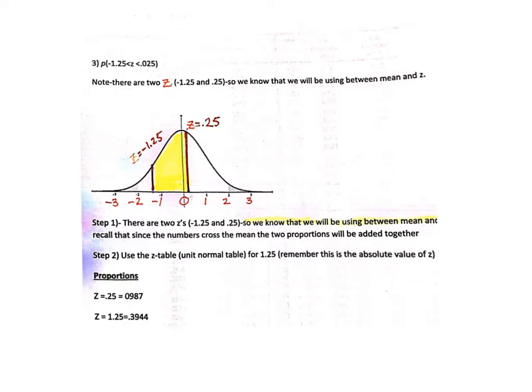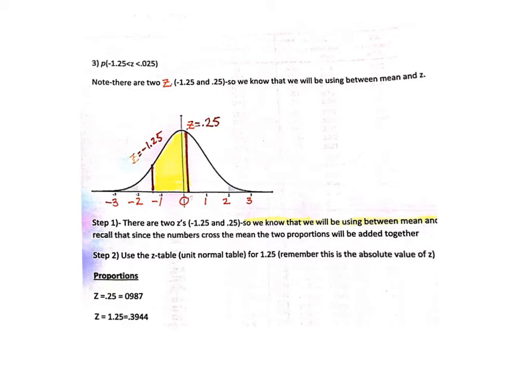All right, so we have those two proportions. You see that the proportion for a z of 0.25, which is 0.0987, is the proportion that goes from 0 to 0.25 in the positive direction. And then the proportion that goes from 0 to z of 1.25 equals 0.3944.